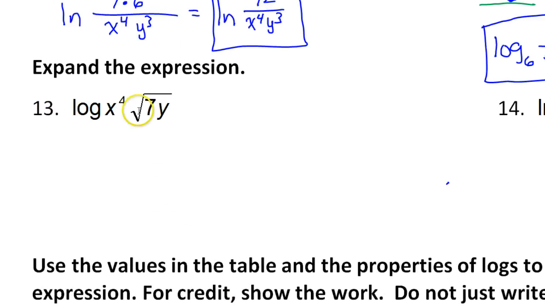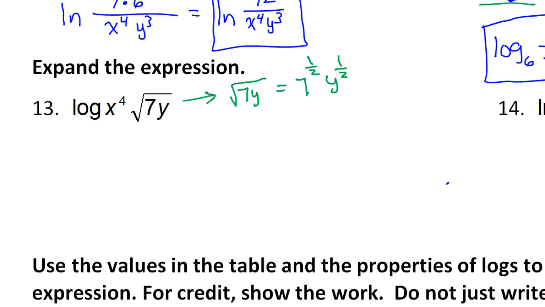Number 13. First of all, when we're expanding, we need to deal with this square root business. So please understand, and I'm just going to do this off to the side in green like you do. If I have the square root of 7y, that's the same thing as 7 to the 1/2 power y to the 1/2 power.